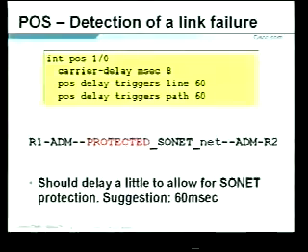So there are 2 timers there, and it depends what kind of infrastructure you have at layer 1, layer 2. If you have a protected SONET network, then the suggestion is to allow for this protection to occur. So you would configure a delay of 50, 60 milliseconds for the pos delay trigger line and path to allow the SONET network to protect for the failure.